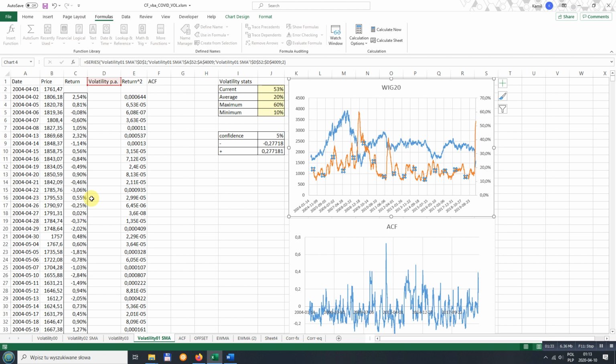So this is exactly what happened during the pandemic crisis. And if we use a rolling window for a presentation and analysis of volatility, we account for this fact, right? We only choose a subset of our observations.